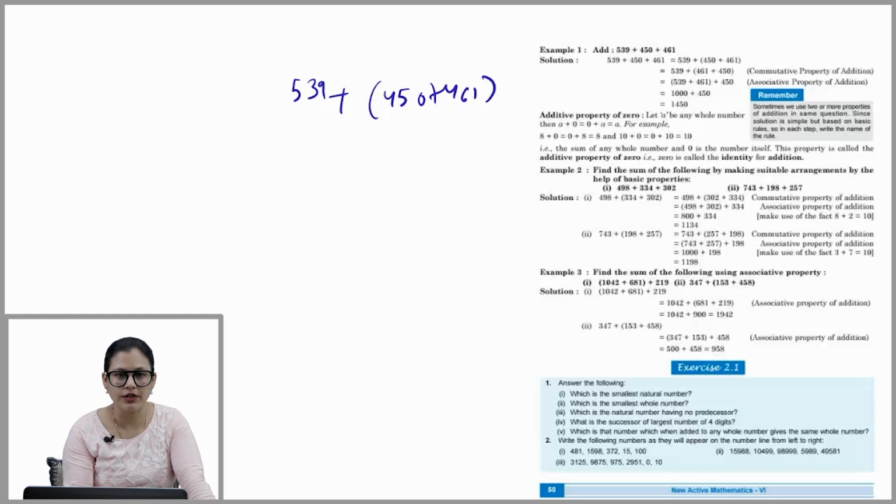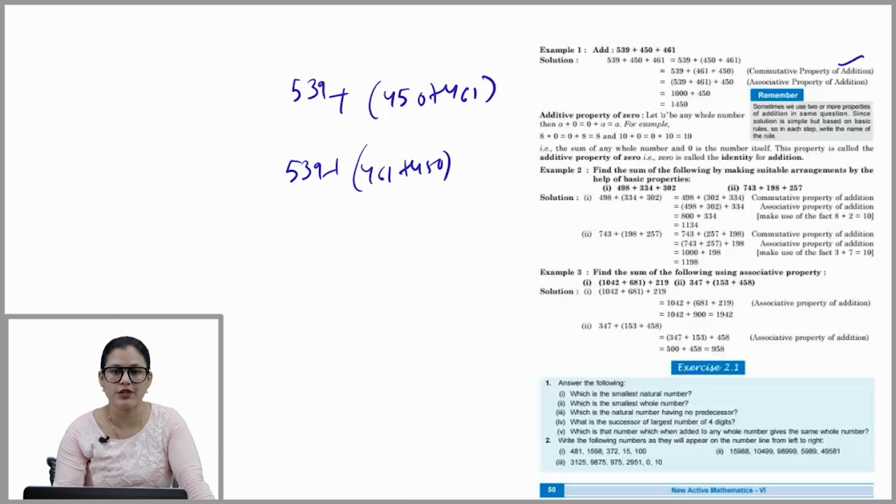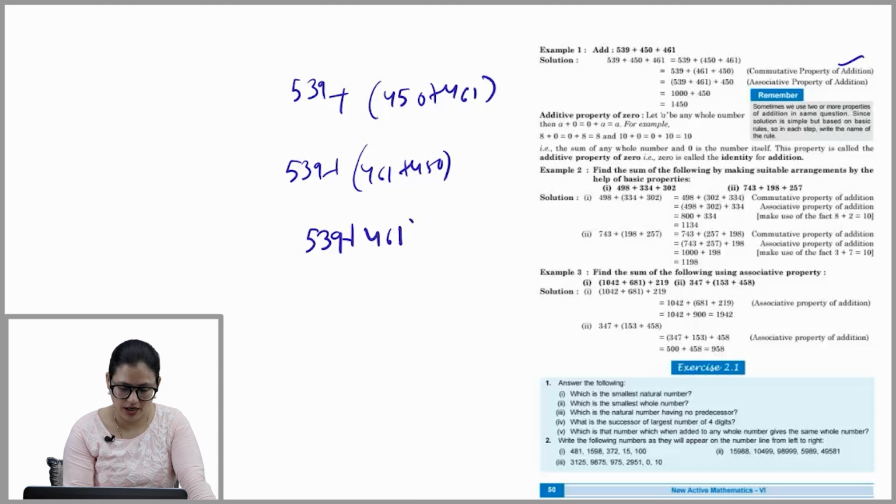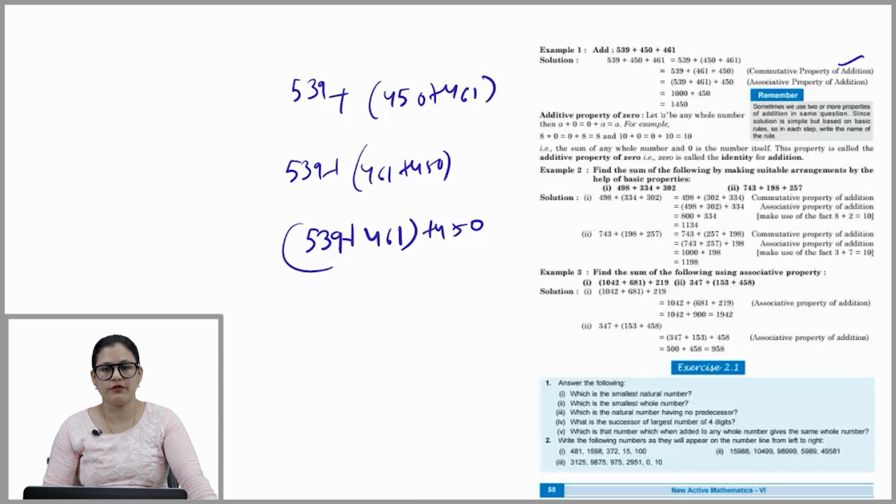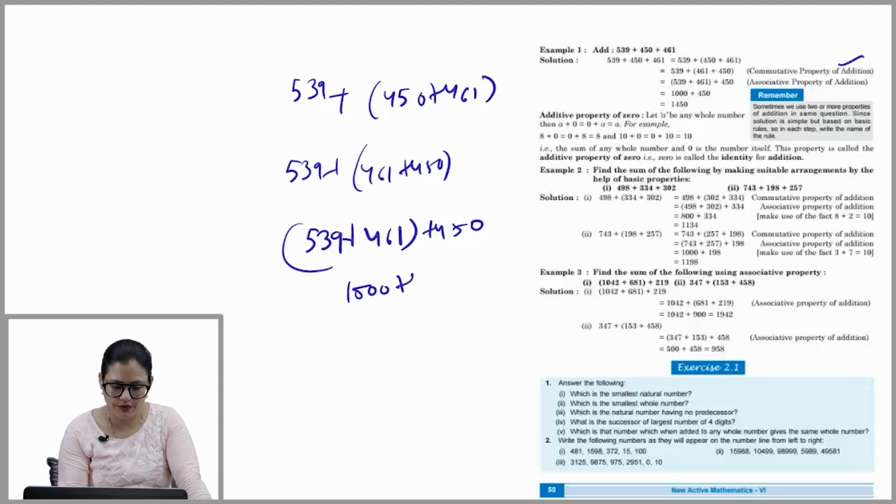If we change the order, 539 plus 461 plus 450. So this is what? This is commutative property of addition. Okay, now 539 plus 461 in bracket and 450. Okay, so this is associative property of addition, and what will you get here? 1000 plus 450, that is 1450.